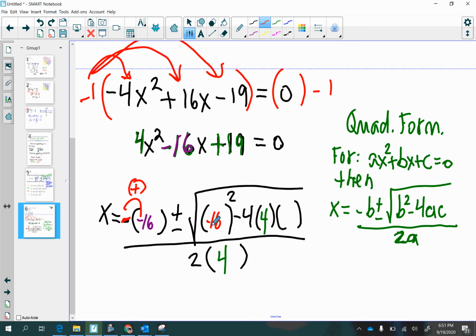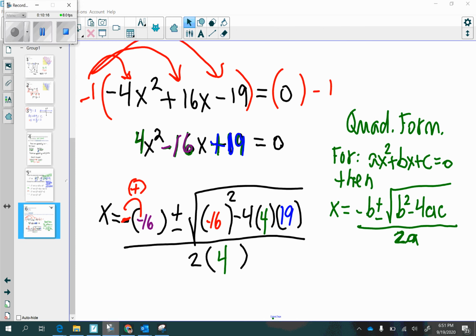And then we have our c value, which is 19. And then we're just simplifying from there. So what is it that you get when you simplify all that? Let's see. I'll pause while I do some calculations.